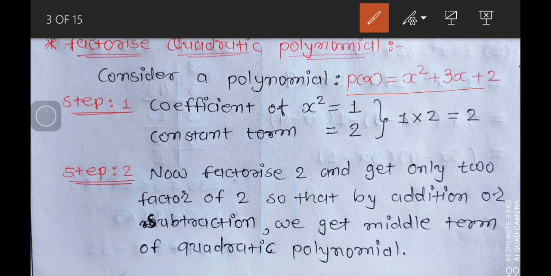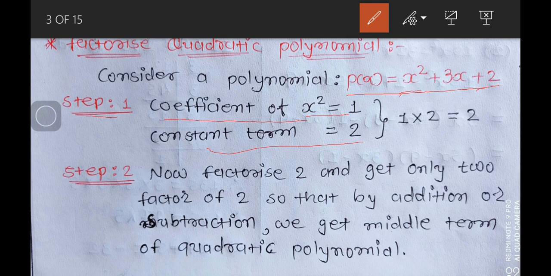Step number 1. First we find the coefficient of x square, and we find the coefficient of x raised to 0, or the constant term, in the polynomial. The coefficient of x square is equal to 1 as given, and the constant term is equal to 2.